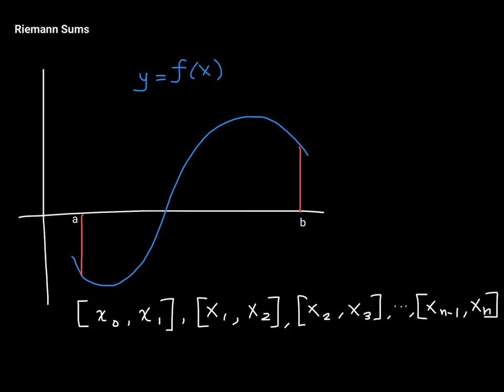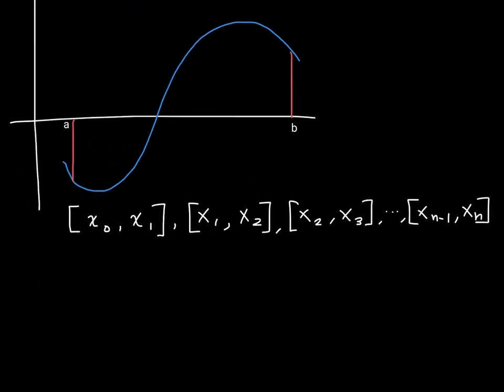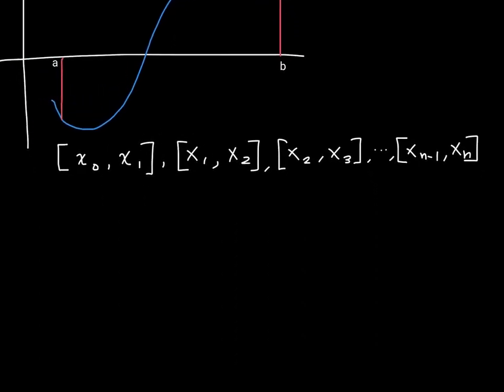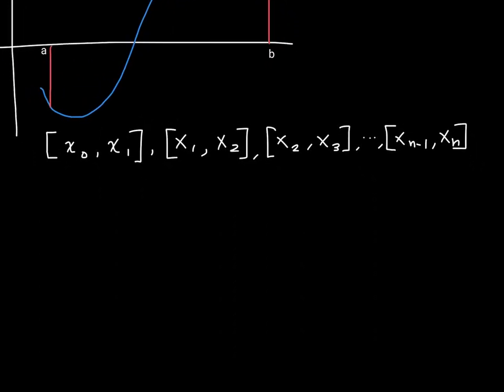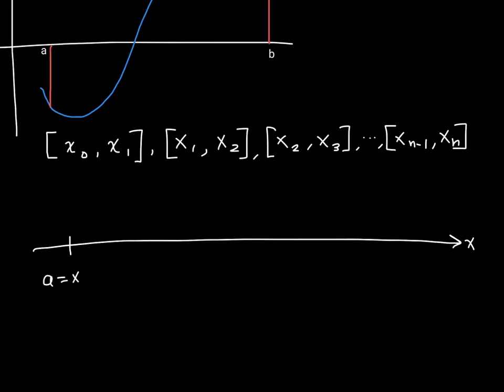I think I can make this really clear if I do it like this. Here's our x-axis, okay? If this is our interval from a, which is x naught, all the way to b, which is x sub n.